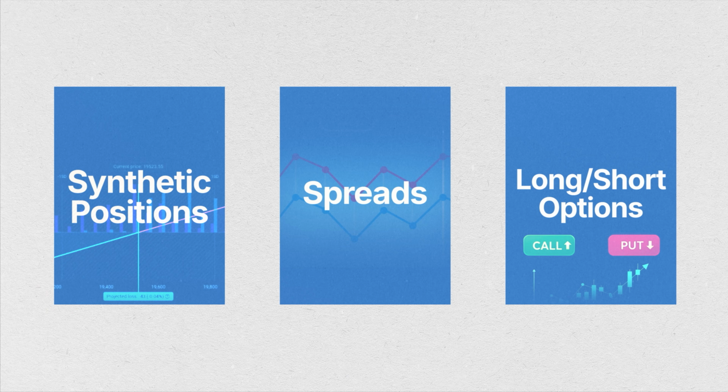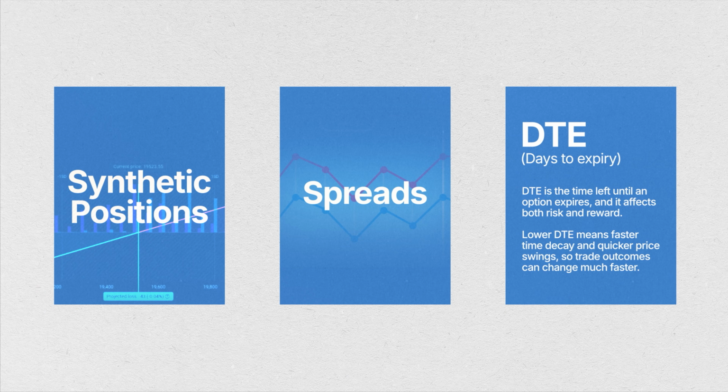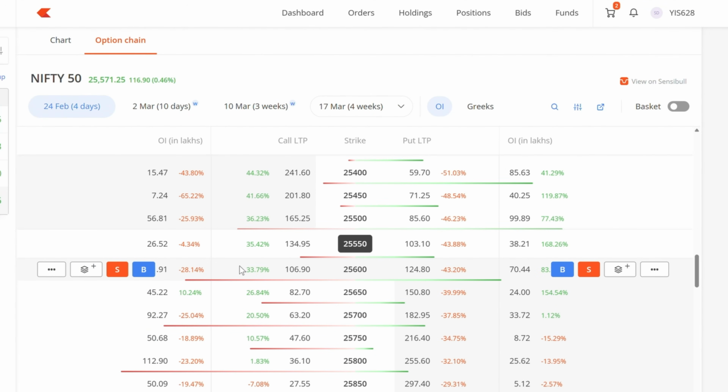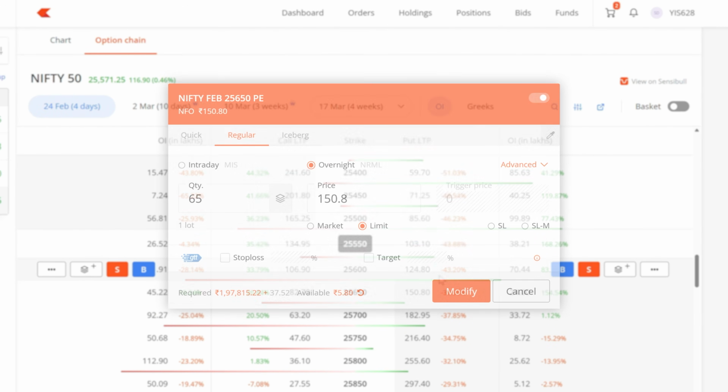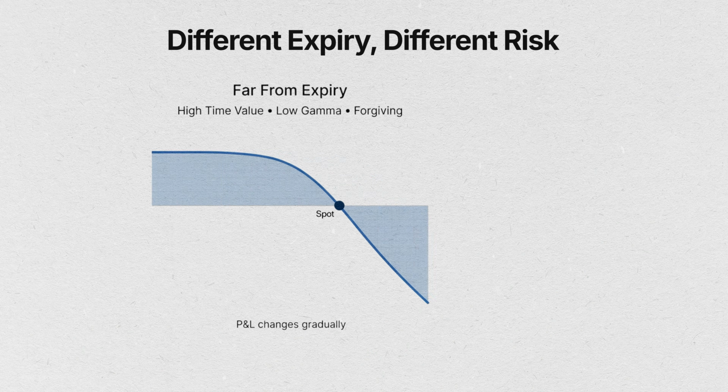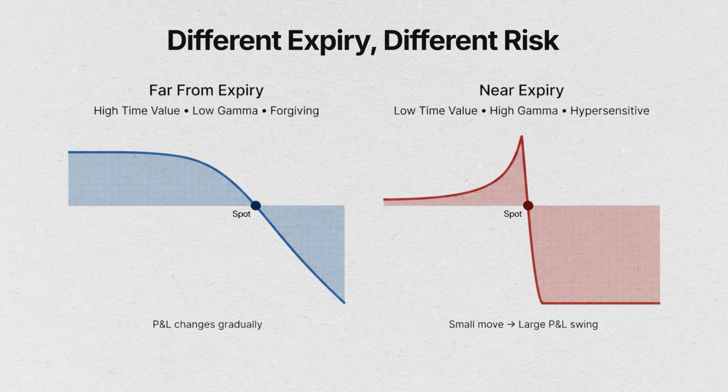Options also introduce another critical variable, DTE, which is days to expiry, which can materially influence outcomes and must be studied independently. For example, if you choose to trade naked options via a directional view, that is short put to go long and short call to go short, different days to expiry will have different impact on the results, irrespective of how the market moves.